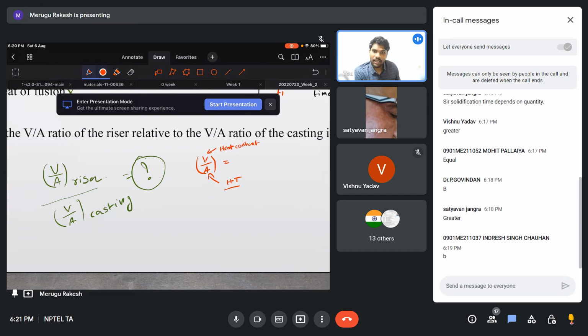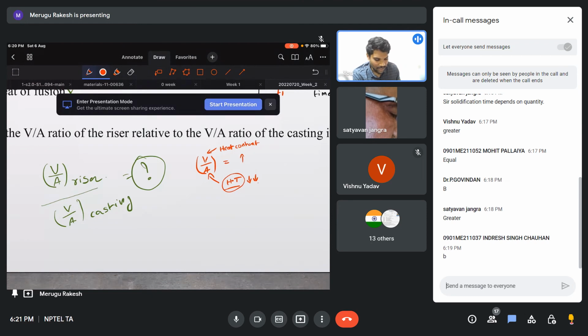So the heat content is more if the volume is more. If the ratio is higher, the heat transfer area is lower, so heat transfer is lower. So it can stay in liquid form for more time.